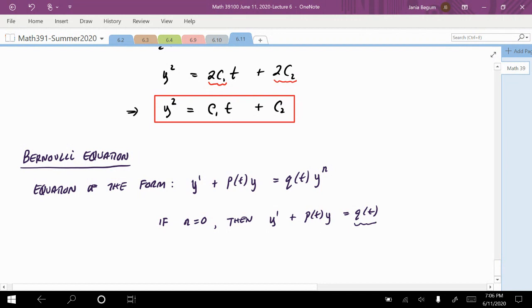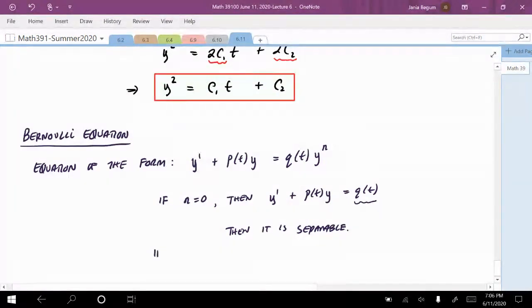If q is 0, then of course it's separable. If it's a function, then you can play around with this. So I would say if this is the case, then it is separable, or it could be linear, depending on what q is. Now what if n is 1?